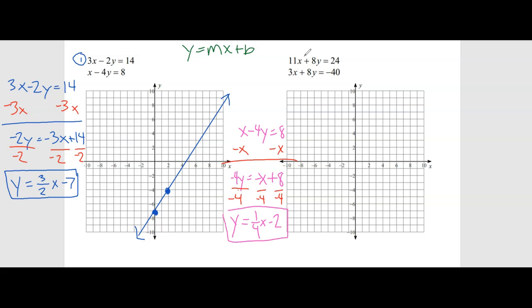So here is my other equation. Y-intercept is negative 2. Slope is 1 over 4. So I'm traveling up 1 and to the right 4, which puts my next point right here. So I think we can already tell where that intersection is going to be, but let's draw the line anyway.